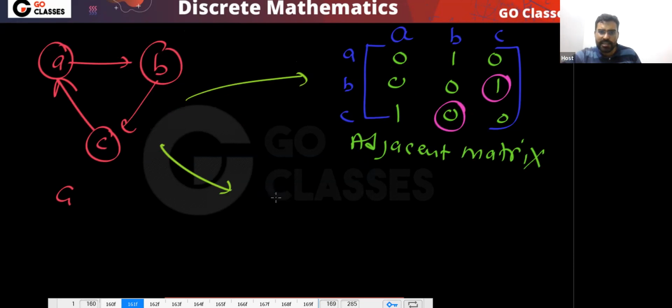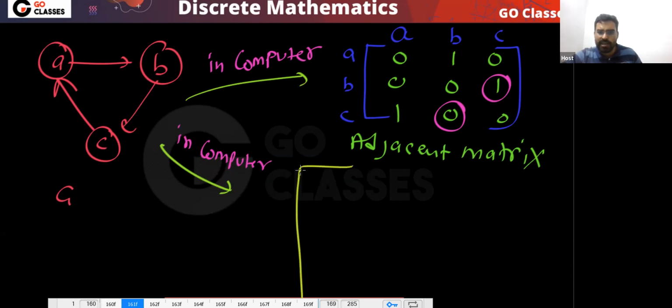Another is adjacency list. Either you can represent it as a matrix in the computer, or you can represent it as a list, an adjacency list. What will it do? You will make an array, a list.